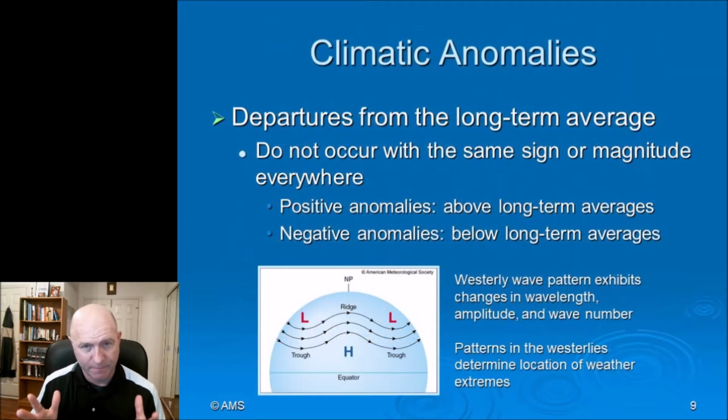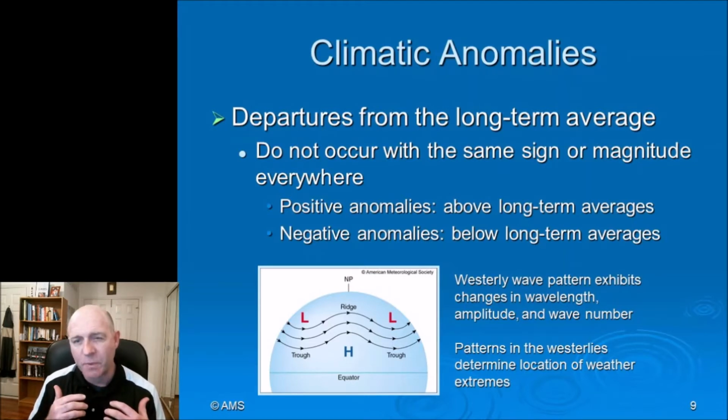So an anomaly, by definition, is the departure from a long-term average. And it doesn't necessarily occur with the same sign or magnitude in all locations. Positive anomalies are above long-term averages. Negative anomalies are below long-term averages.